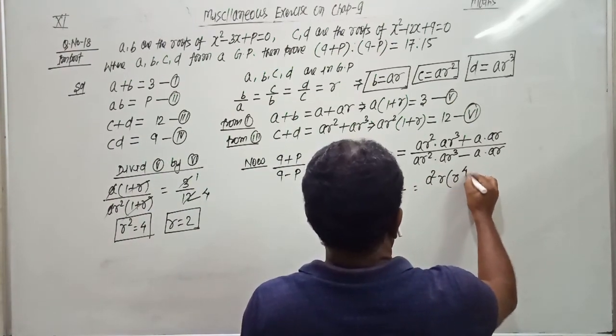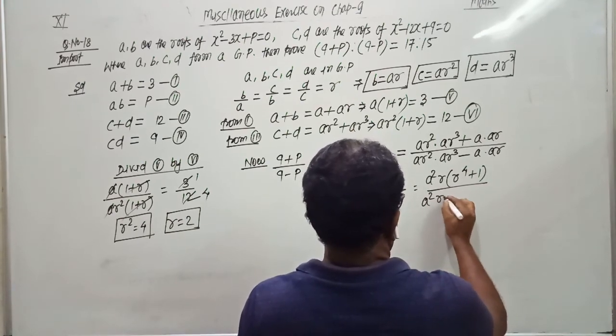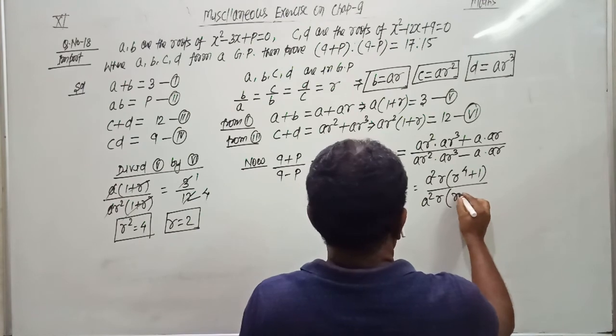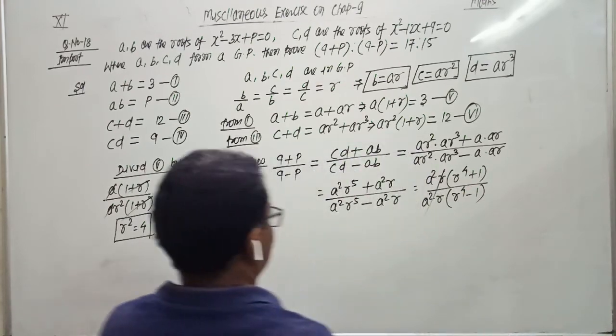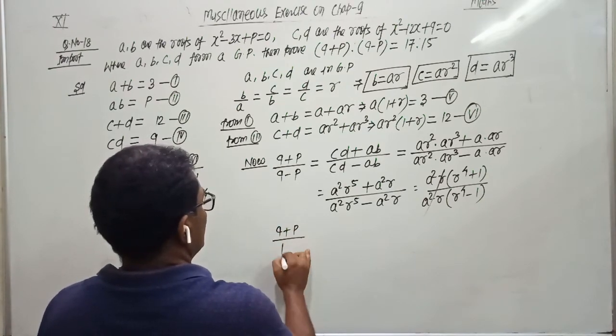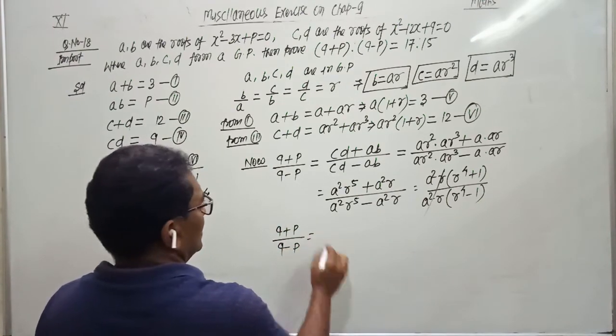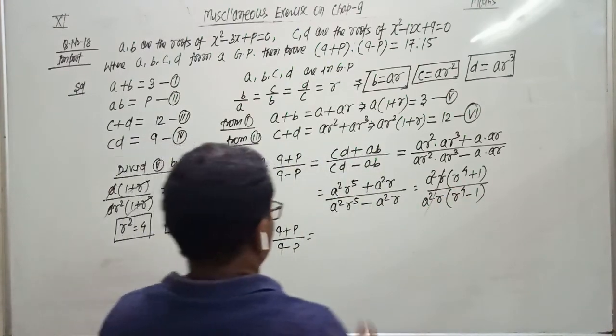So it comes R raised to the power 4 plus 1. From denominator, A square R is also common. So we get R raised to the power 4 minus 1. This gets cancelled, and Q plus P upon Q minus P, put the value of R. The value of R is 2.